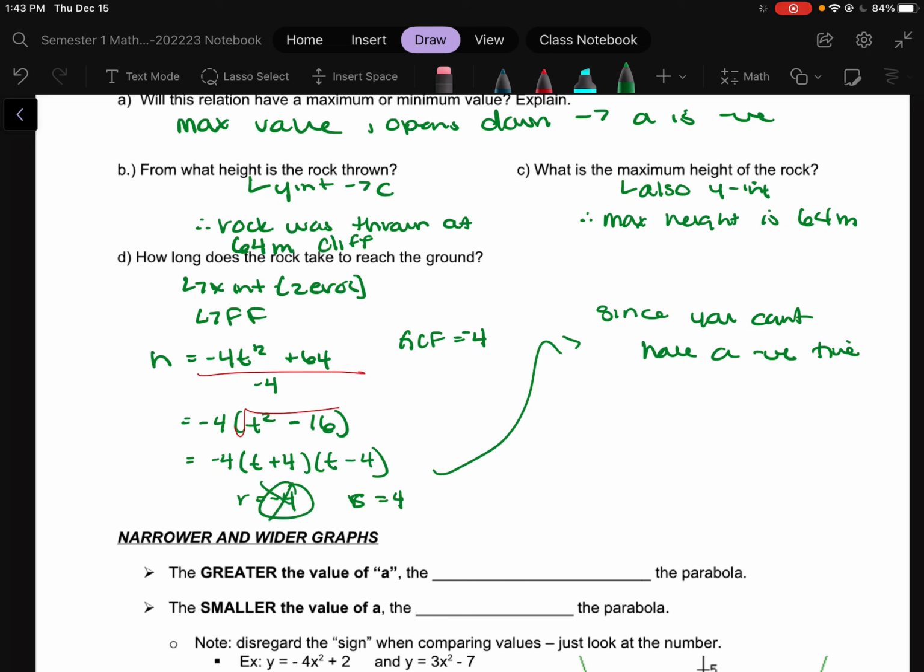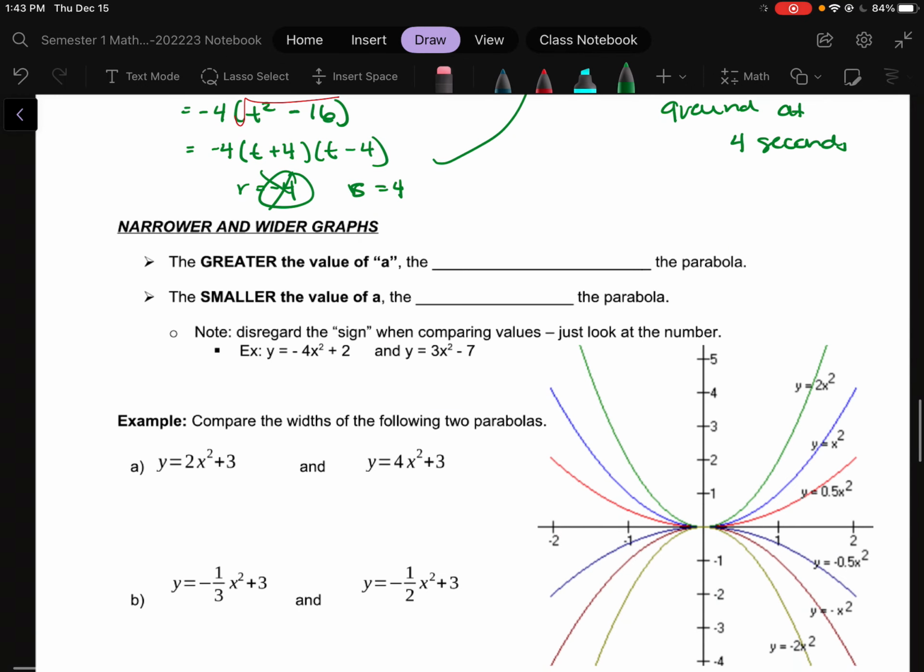Therefore, we disregard that -4, so therefore the rock will hit the ground at 4 seconds. Okay, so please make sure you understand that because it's negative, we can't use that. We can only use positive time.